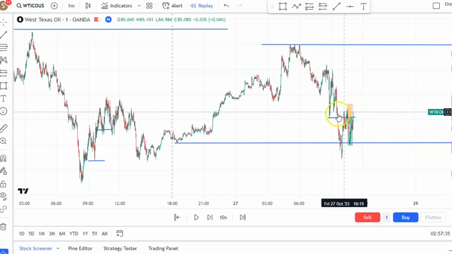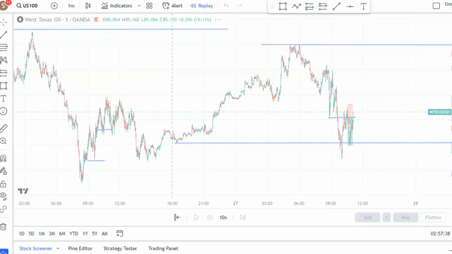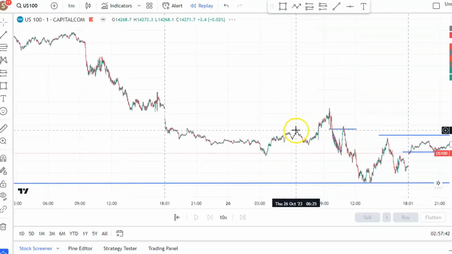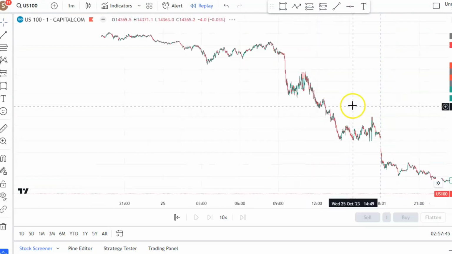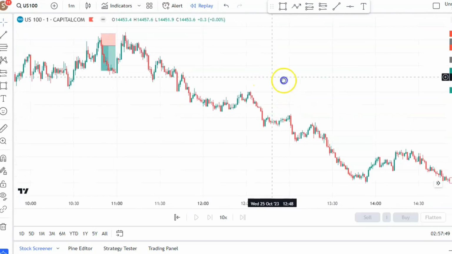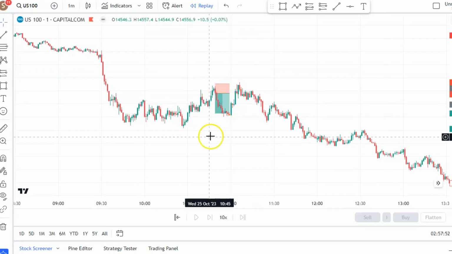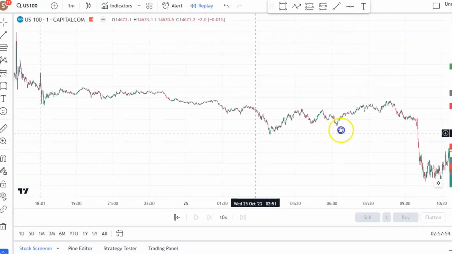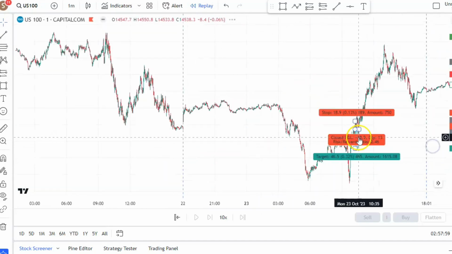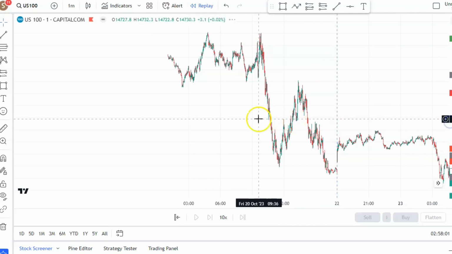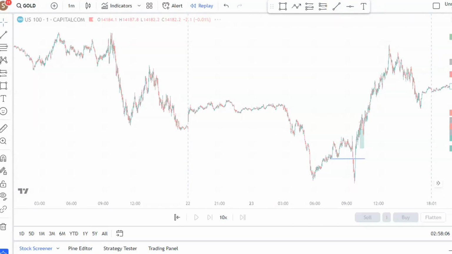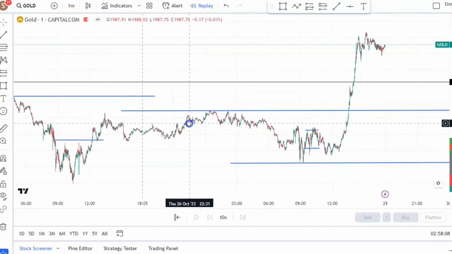So we are up 3R on oil, and then if we look at Nasdaq, we got 2R, that is 5R, 7R, minus 1R, 6R. And if we go to gold, right now we are at positive 6R.